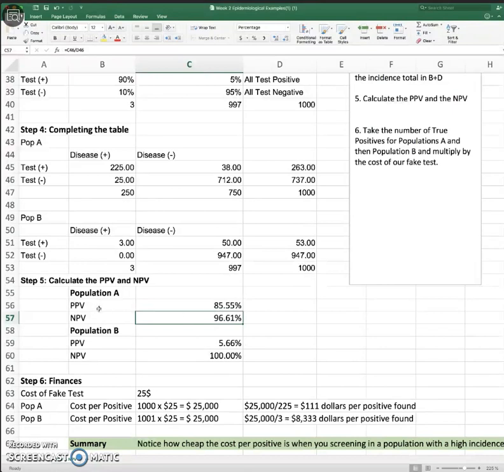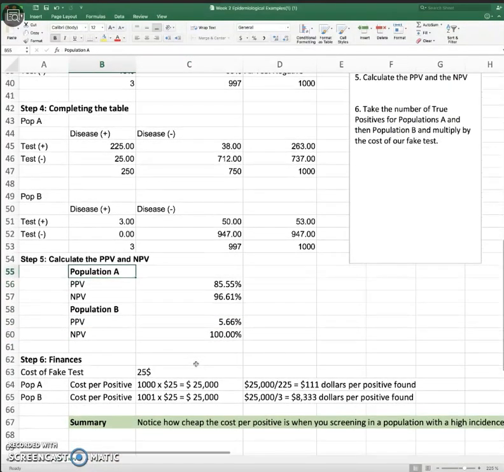What you'll notice is in the higher incidence population, my positive predictive value is 85%, whereas in population B, the low prevalence population, my positive predictive value is very low. So I'm going to find more cases if I screen in population A versus population B.